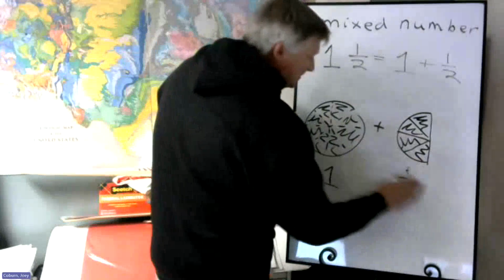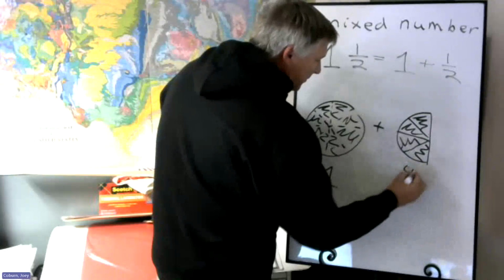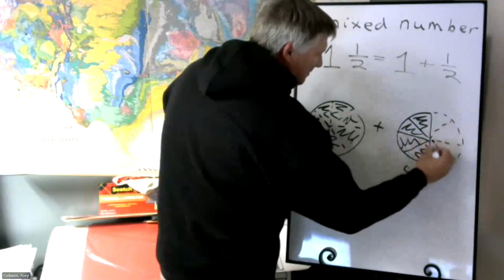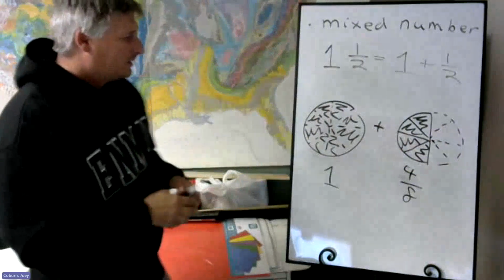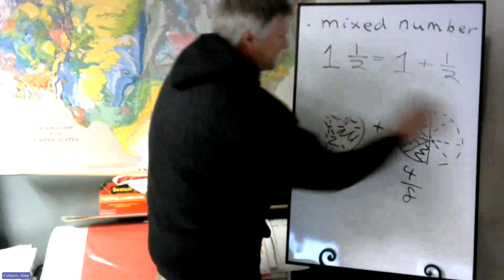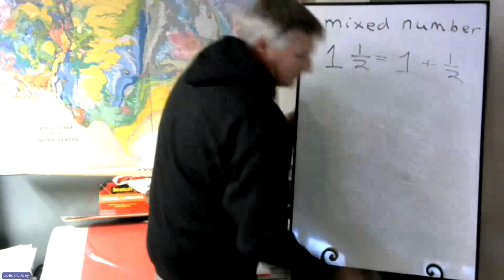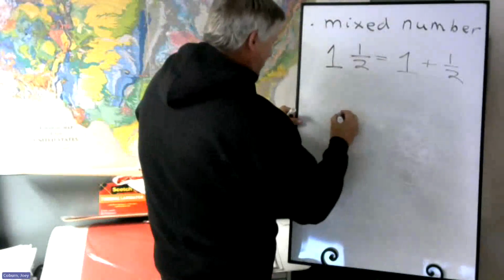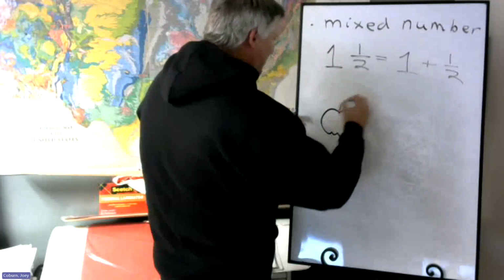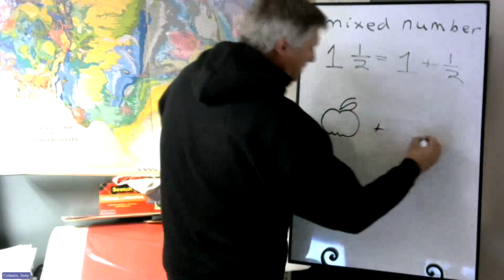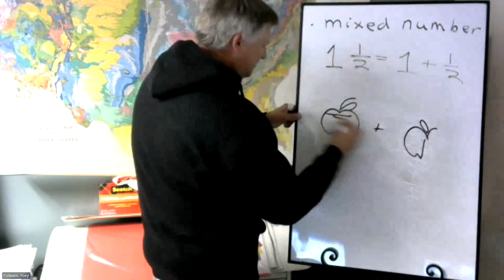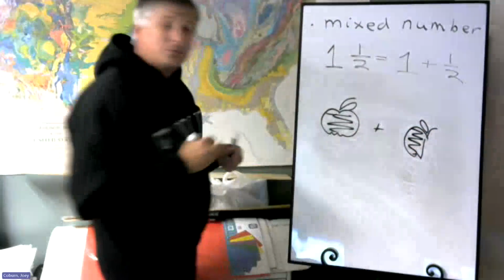Or we could have written this as 1 and 4 out of 8. Could have written it that way too. I'll talk about that later. Maybe not to confuse things, instead of pizzas, let's stick to 1.5 here. Suppose we have apples. So we'd have a whole apple plus half an apple. So this would be 1.5.